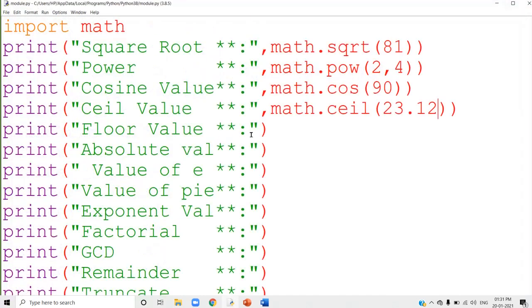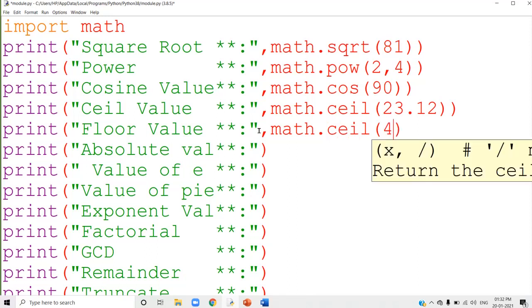Next one is floor. Floor does the opposite of ceil. Ceil gives you the smallest integer which is greater than or equal to the argument. Now here I am going to write math dot floor of 45.32.